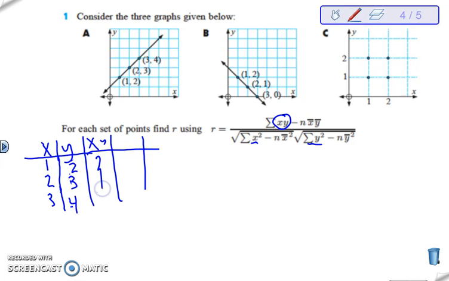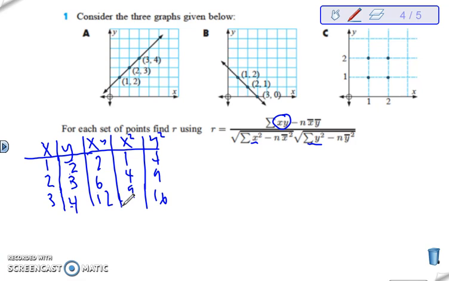So 2, 6, and then 12. So then I need an X squared. So that's 1, 4, and 9. We need to square all of our Y's. 4, 9, 16.